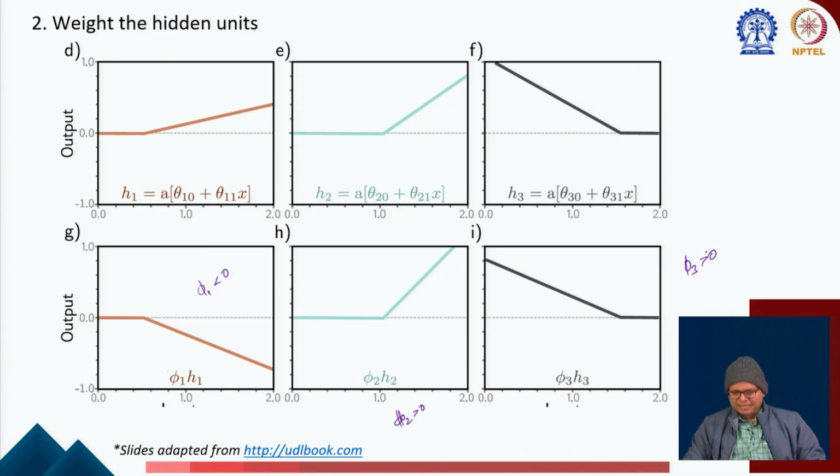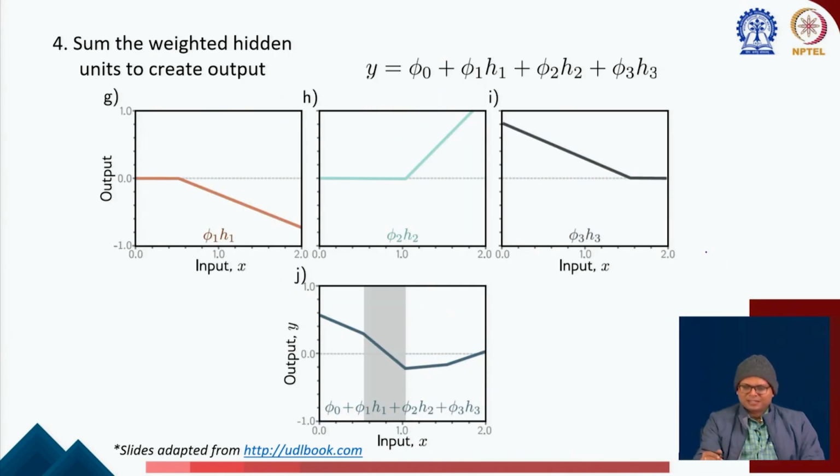Okay. Next comes the final sum, phi naught plus phi 1 H1 plus phi 2 H2 plus phi 3 H3. Now, this is what I saw in phi 1 H1, phi 2 H2, phi 3 H3, plus I will add a y offset phi naught, right? So which of these 3 regions will start first? See, this is 0, but this is already doing something.